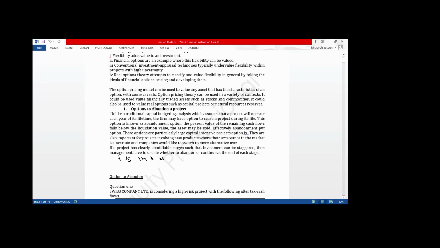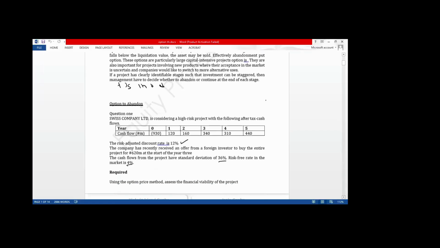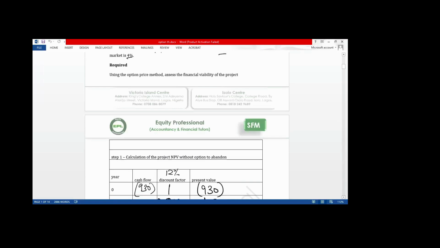What are the steps involved? If you are dealing with a question on option to abandon, have you done this? Sorry, have we treated this topic?